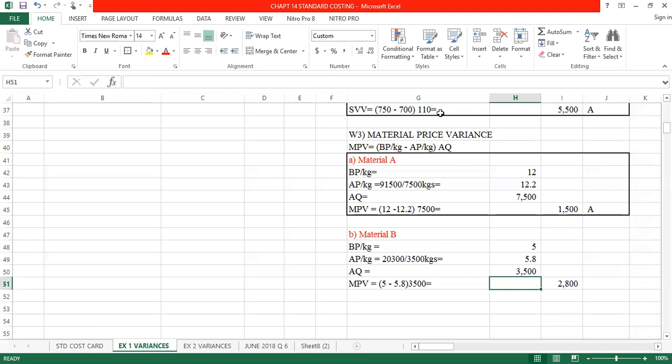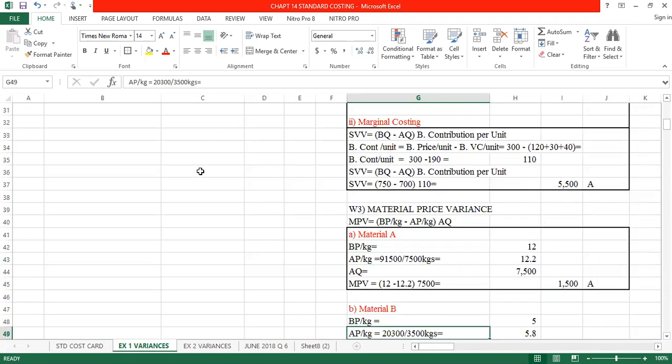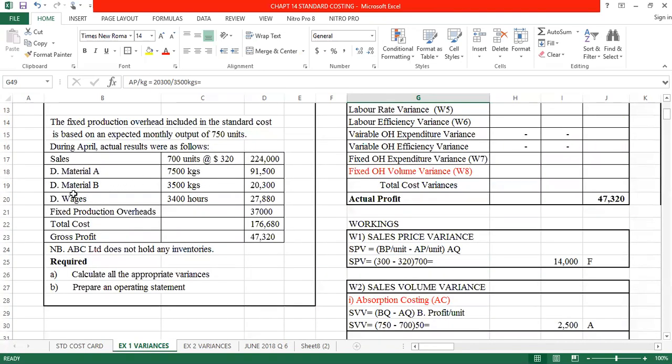Where did 5.8 come from? It is from here: 2,300, the actual cost of materials, for how many kgs? 3,500 kgs.